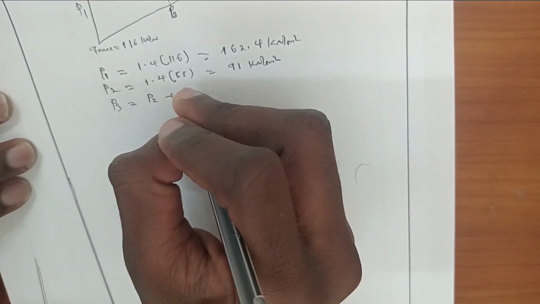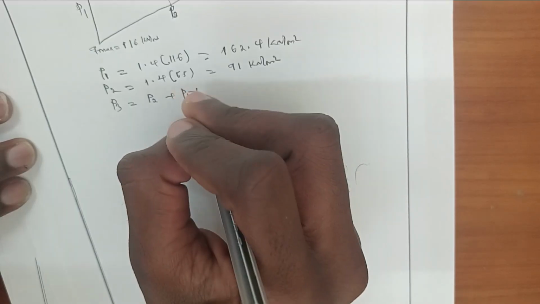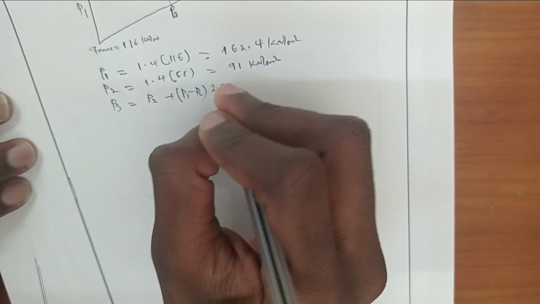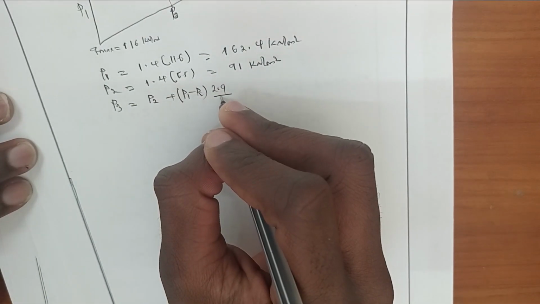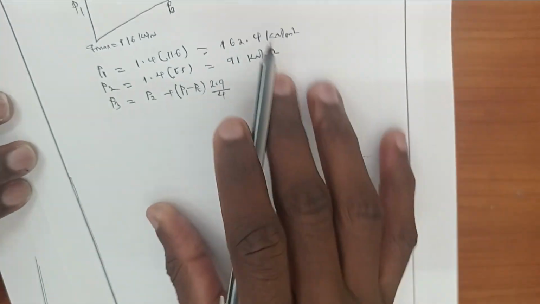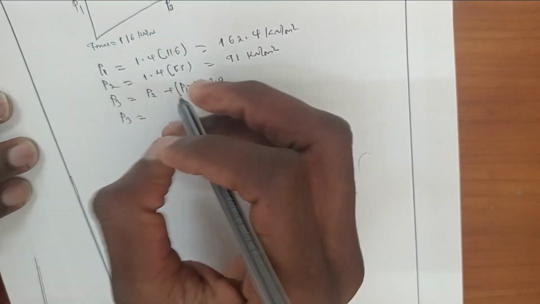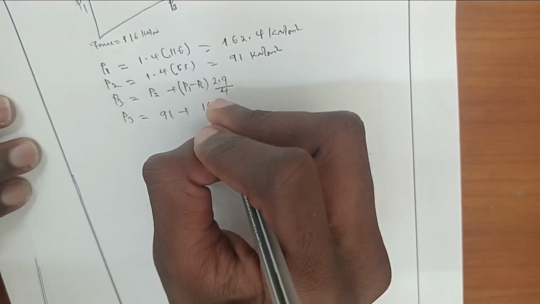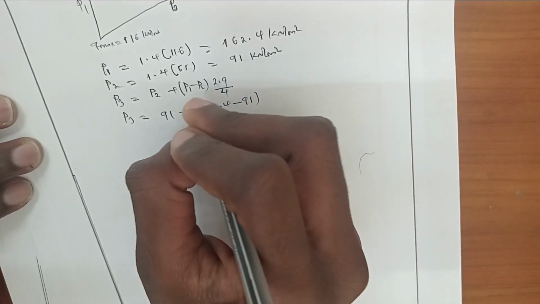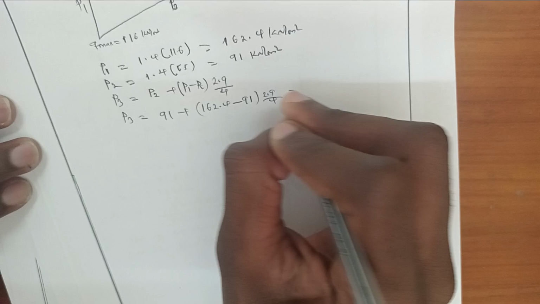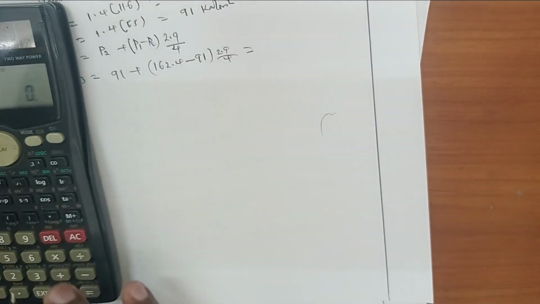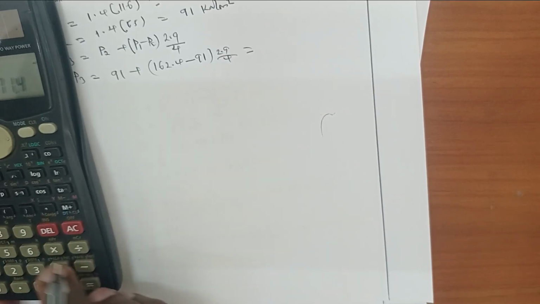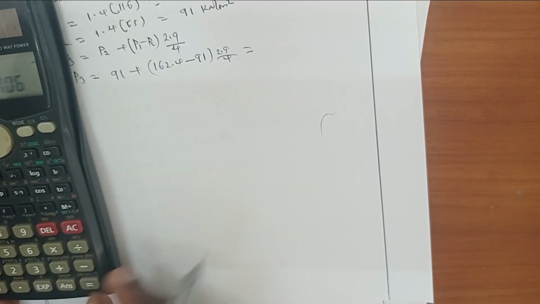it will be equal to the minimum pressure, which is pressure 2, plus pressure 1 minus pressure 2, times the width of the heel slab, which is 2.9, over the total width of the base. So pressure 3 will be equal to pressure 2, which is 91, plus 162.4 minus 91, times 2.9 divided by 4.